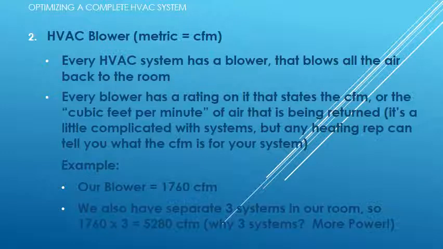In our example, our blower is 1,760 CFM, which was interesting when I found out. In our business, we have 3 different systems, 3 furnaces, 3 air conditioners. So we multiply the 1,760 times 3 and we get 5,280 CFM. That's what my particular example has.